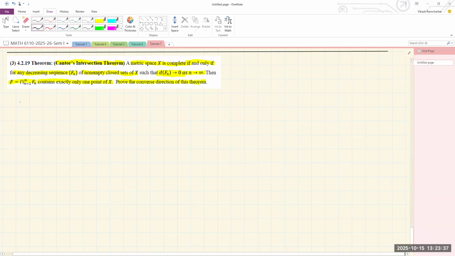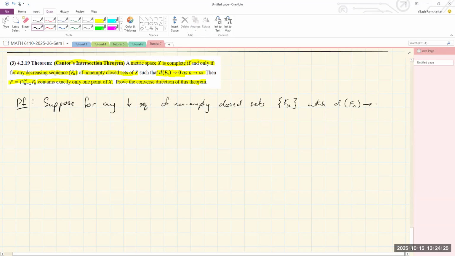Okay, so proof. Suppose for any decreasing sequence of non-empty closed sets Fn with the diameter of them going to zero, we have the intersection of all of these sets is equal to only one point.